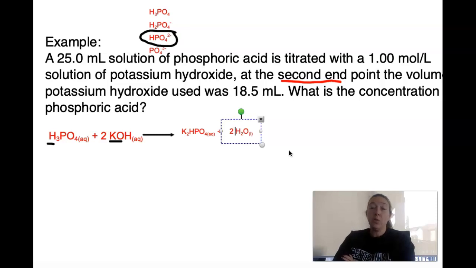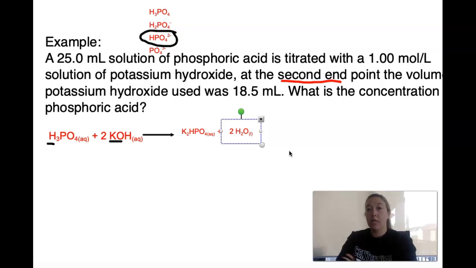But yeah, so this is what your multiple endpoint titration calculations are going to look like. Really important that you practice them, and in particular, practice the writing of the chemical equation. If you took Chem 2 second semester, it's probably also a good idea to practice the stoich, to make sure that you are comfortable with doing it, because you will get stoich questions on the diploma.